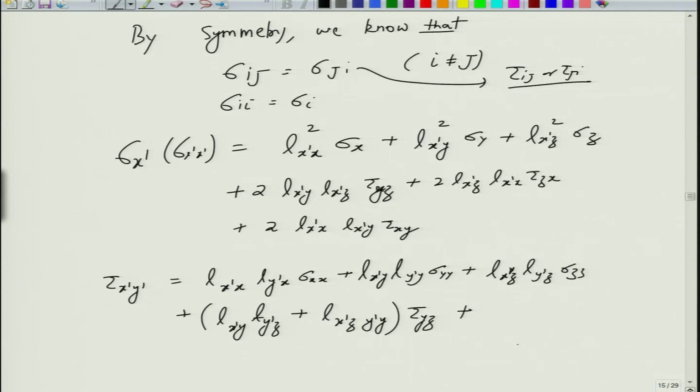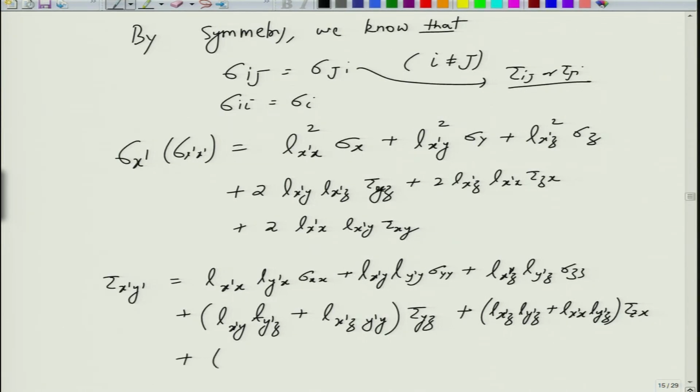Then the second one will be L of x prime z, L of y prime x plus L of x prime x, L of y prime z into tau zx.